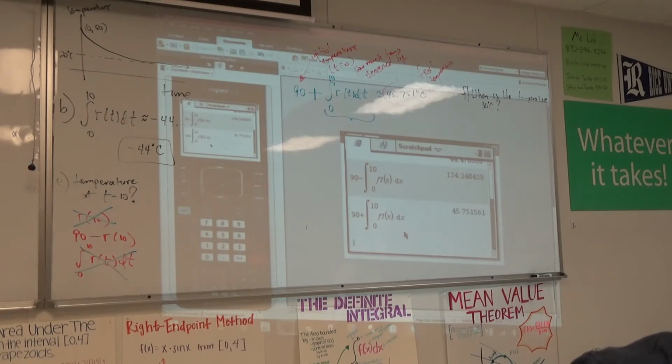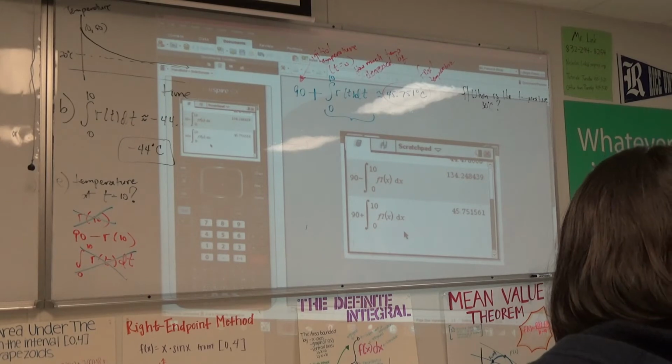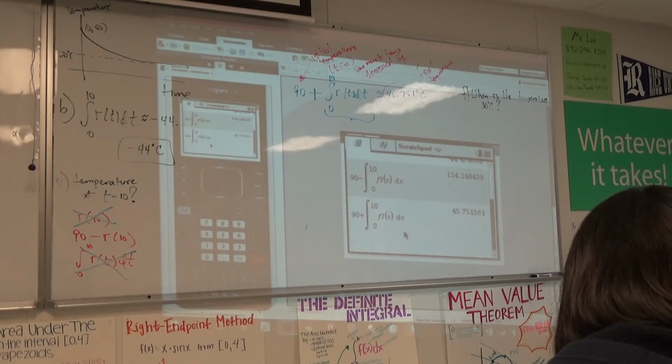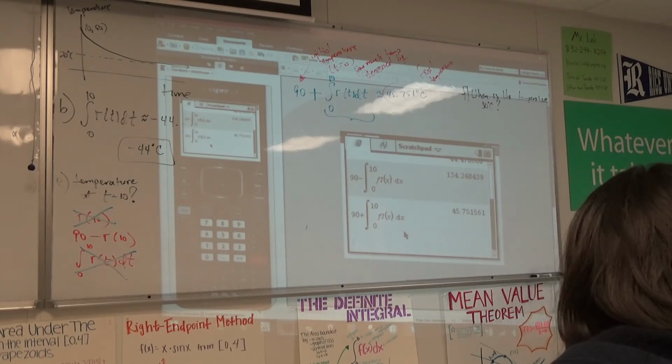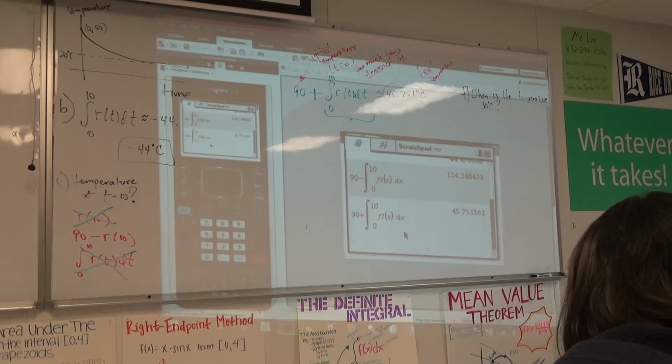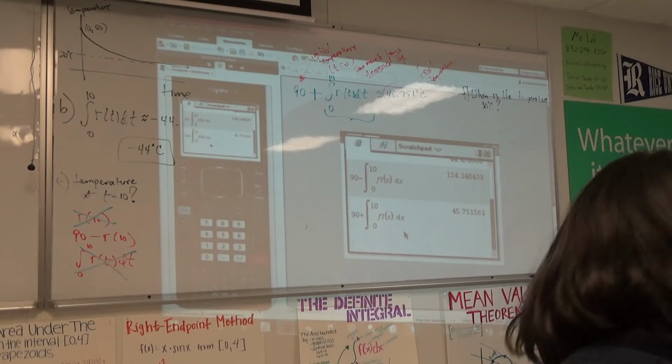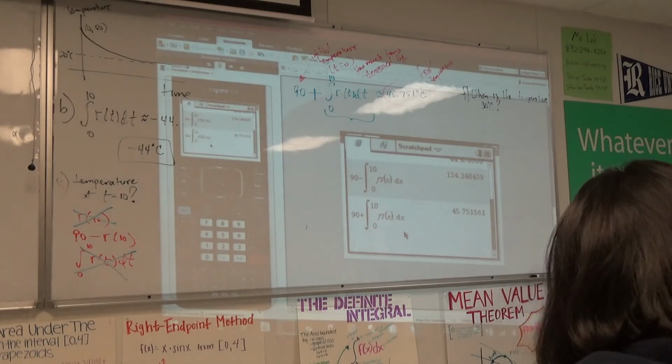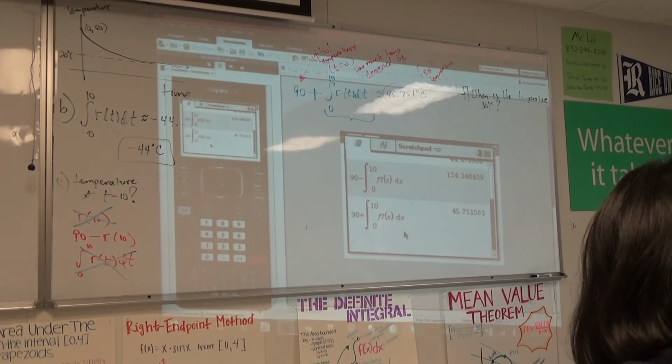You're asking me when is the temperature of the coffee 60 degrees more than it was before? So how about negative? Because R of t is how fast the temperature decreases. The integral from 0 to t is going to be how much the temperature of the coffee decreases by. So this one would work.